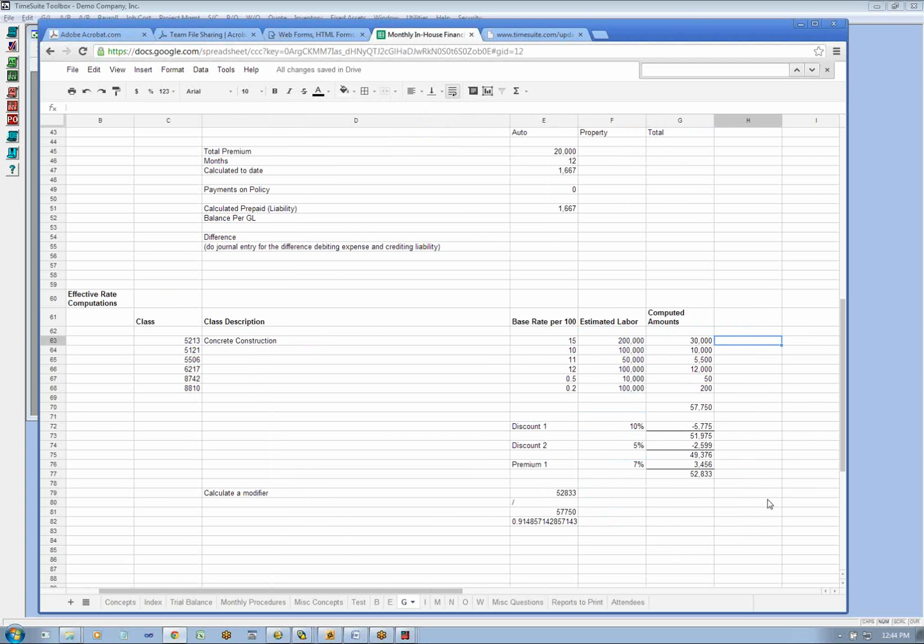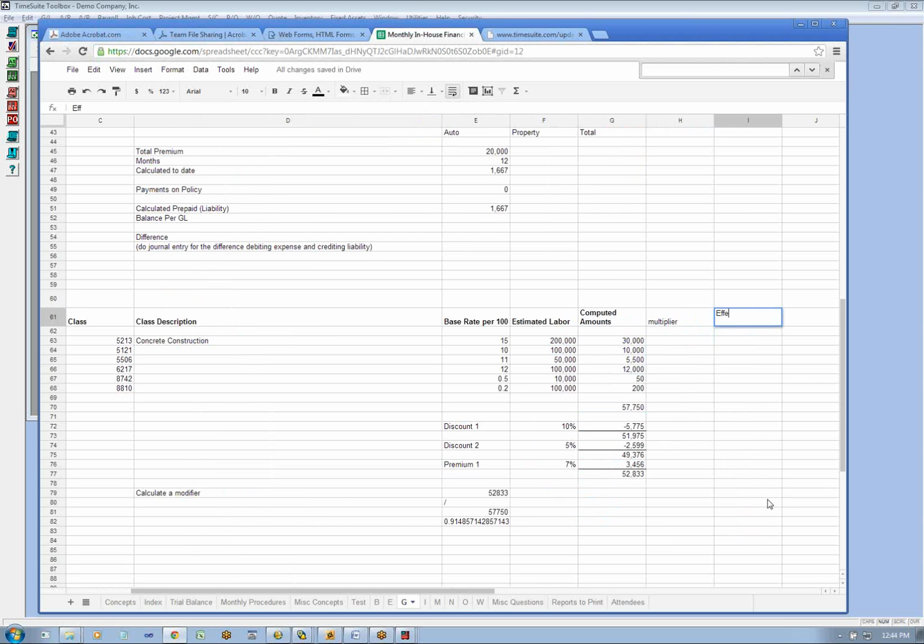And then if we multiply each of these rates by our multiplier, we'll get our effective rate.